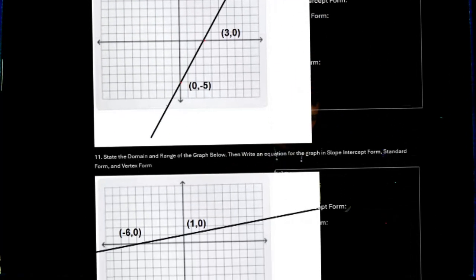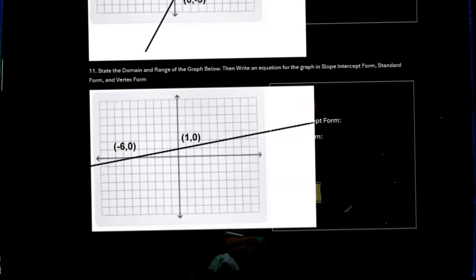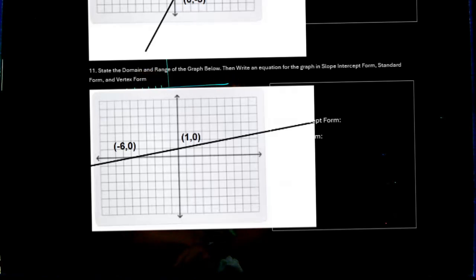All right, what's the next one look like here? We have a line, we got 2 points, we got -6, 0, and 1, 0. That should be changed to 0, 1, shouldn't it? I need to fix that.